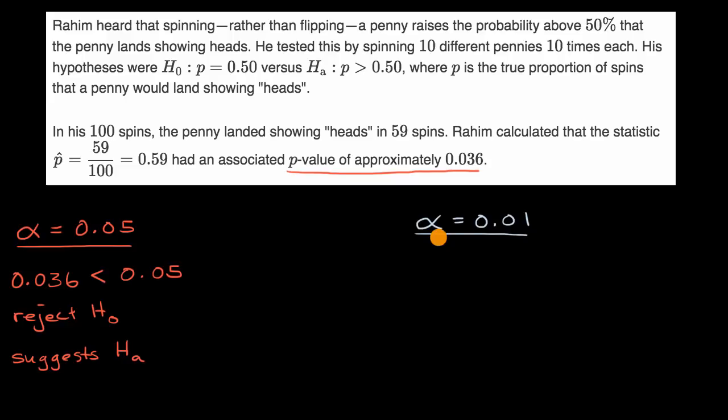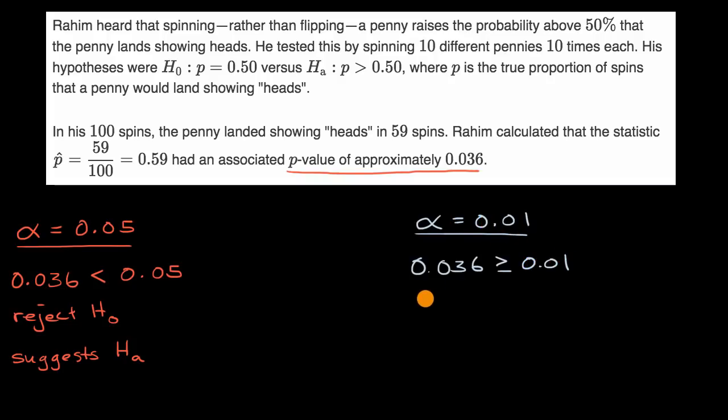Now, what about the situation where our significance level was lower? Well, in this situation, our p-value, our probability of getting that sample statistic, if we assumed our null hypothesis were true, is greater than our threshold, than our significance level.